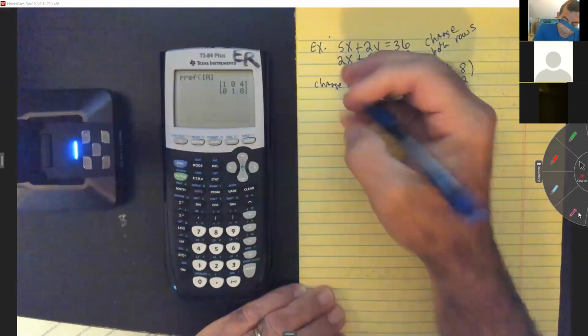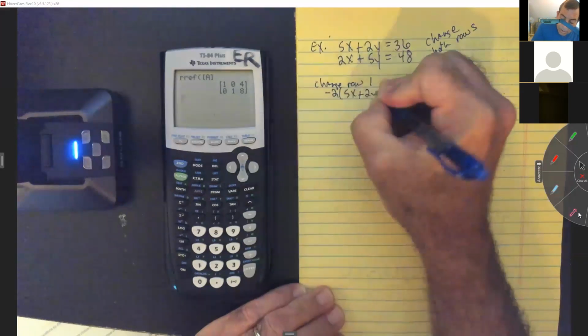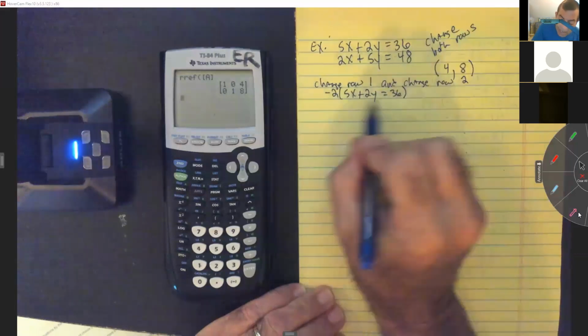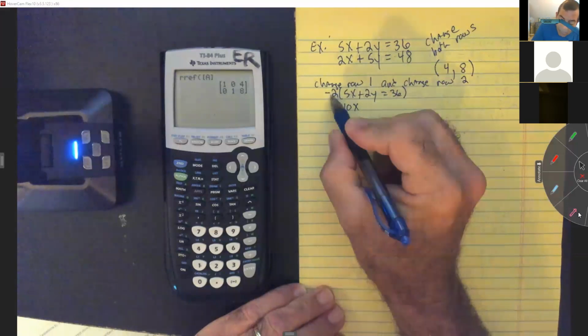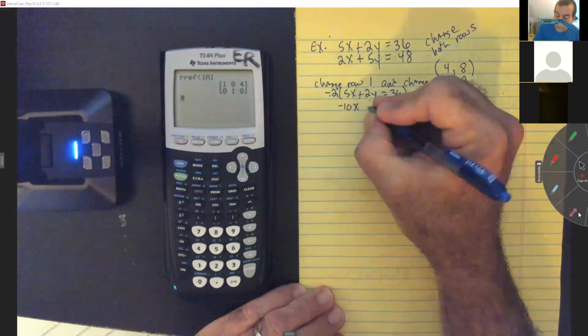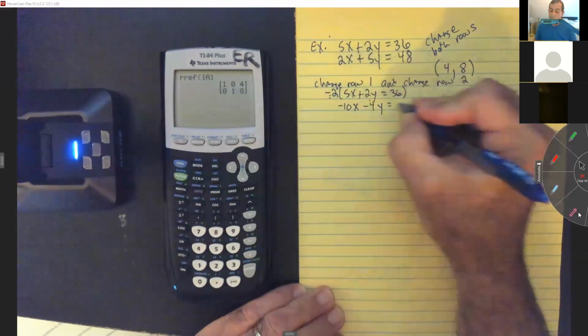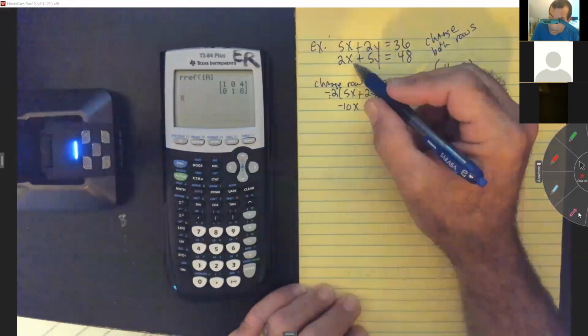So -2 times my 5x plus 2y equals 36. So let's see what that'll give us. -2 times 5 is -10x. -2 times 2 is -4y. -2 times 36 is a -72. Now the second row, I'm going to multiply by a +5.